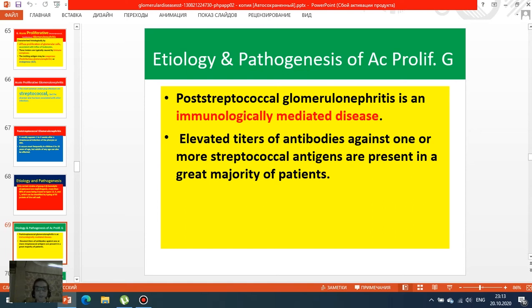Post-streptococcal glomerulonephritis is an immunologically mediated disease. Elevated titers of antibodies against one or more streptococcal antigens are present in a great majority of patients.